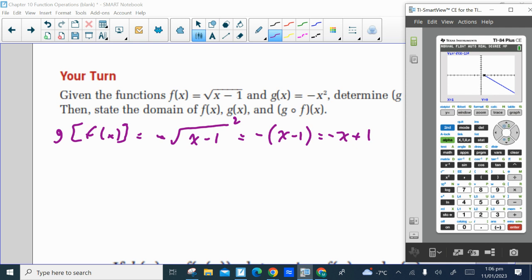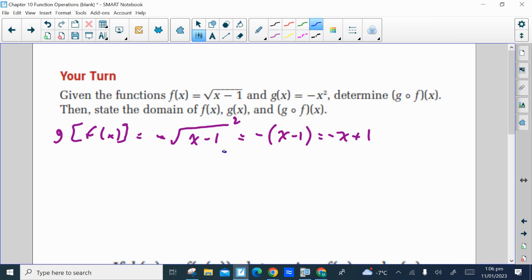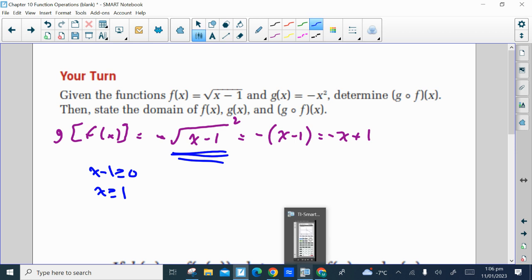And the reason for that is if you look at this expression, the x minus 1 has to be greater than or equal to 0. So therefore, x must be greater than or equal to 1. And when we look at the graphing calculator, we see that the graph goes downwards and to the right. So that's going to change our range.